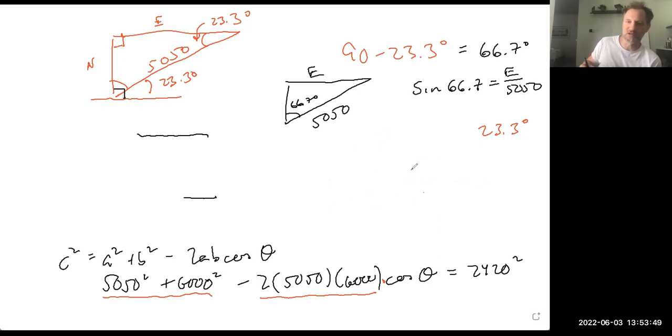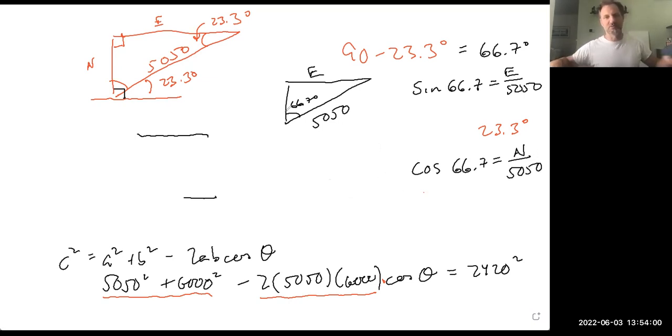Then the cosine of 66.7 is going to be the north component over 50-50. So now I can just do the math to calculate both of those parts.